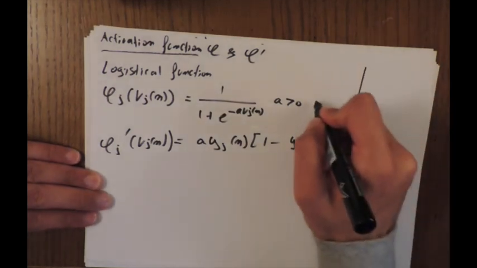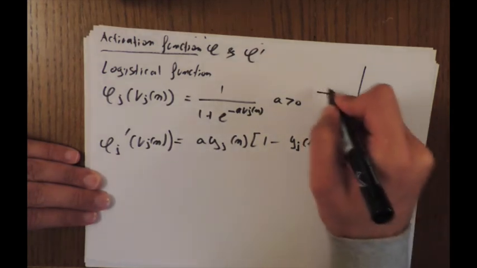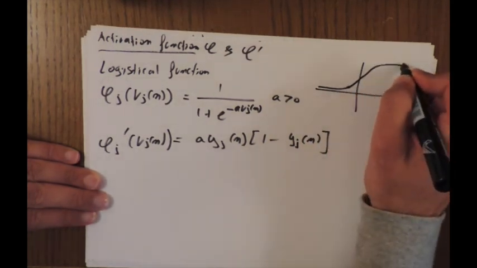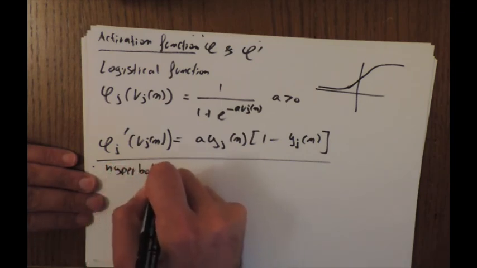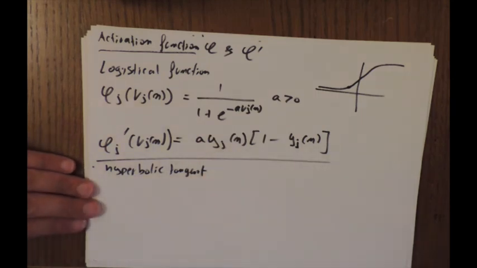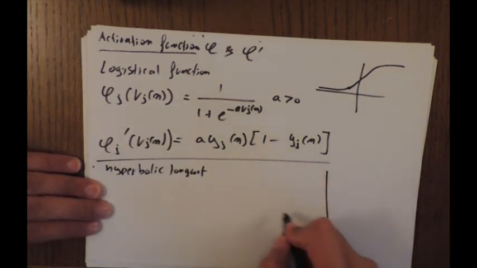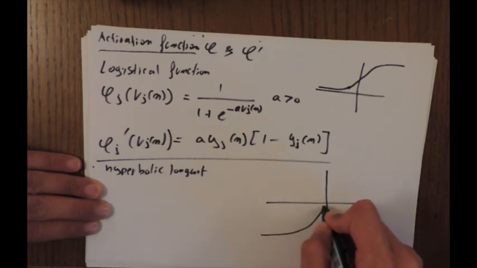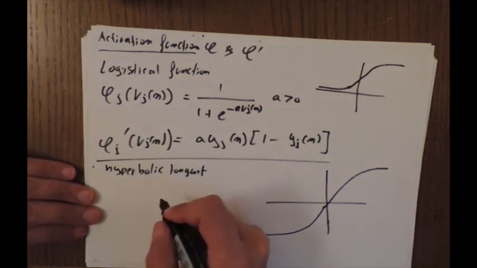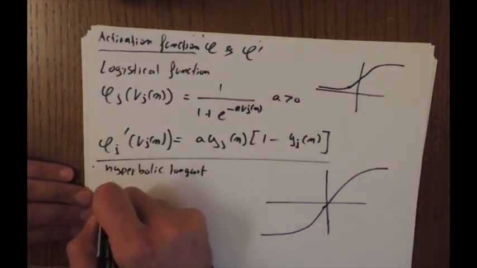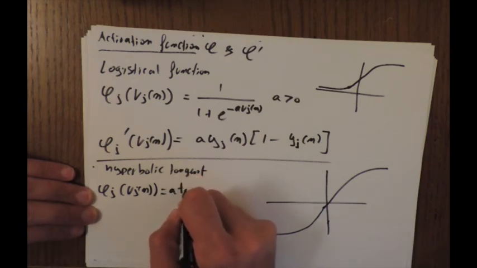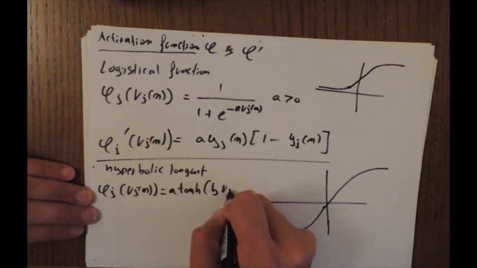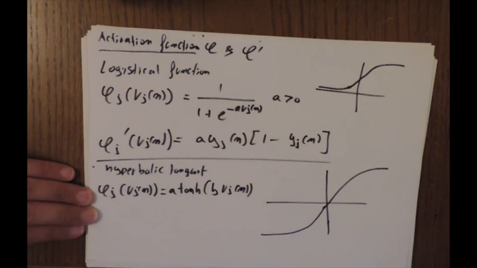Now if I draw a logistic function, it's going to be as follows. Now for the case of a hyperbolic tangent, we have a function that can go from negative to positive, and phi j of vj of n is equal to a tanh of b vj of n, where a and b are parameters that can be chosen.